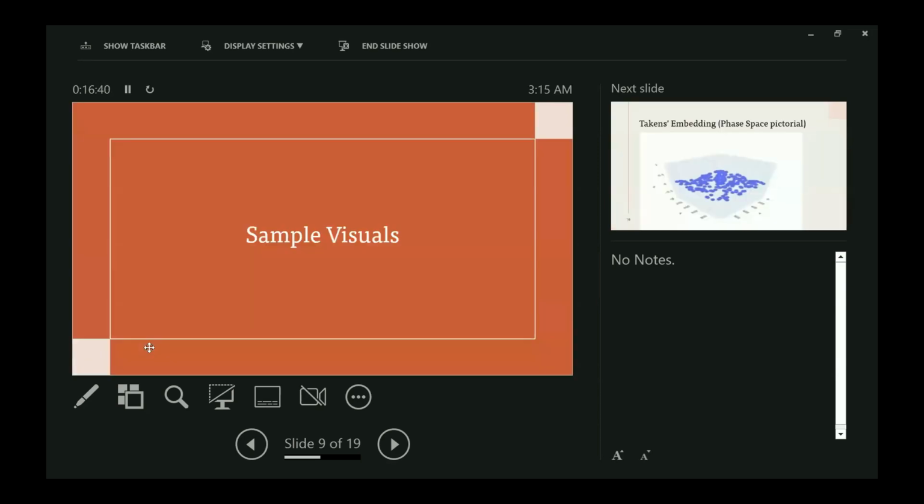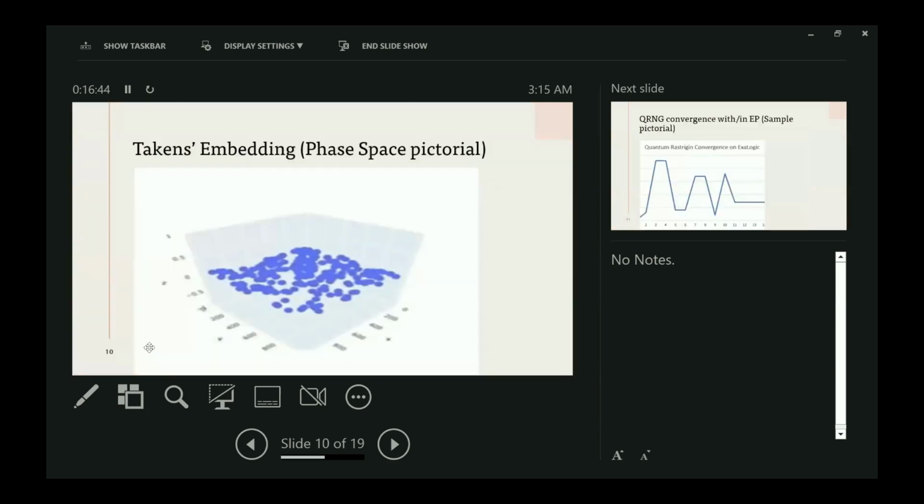Now I'll present some sample visuals as I just mentioned. This is a sample visual of the Takens embedding, which is the phase space of a sample of QRNG generated.